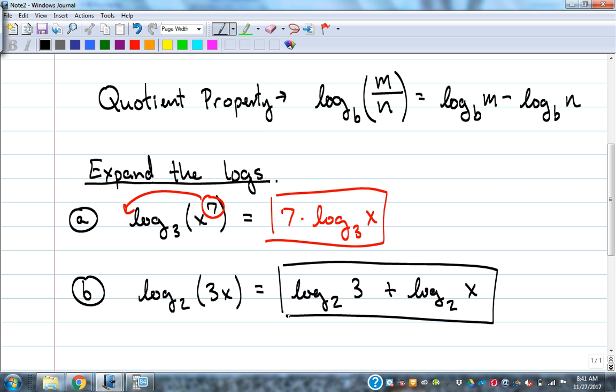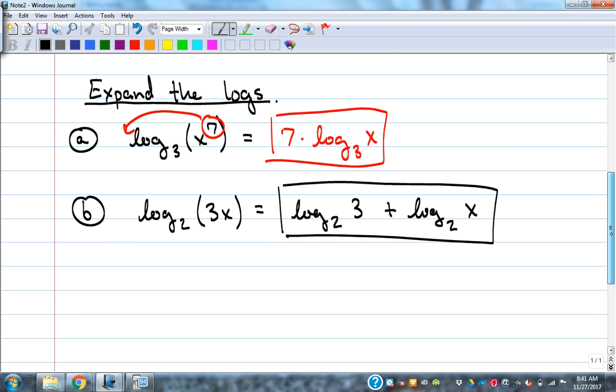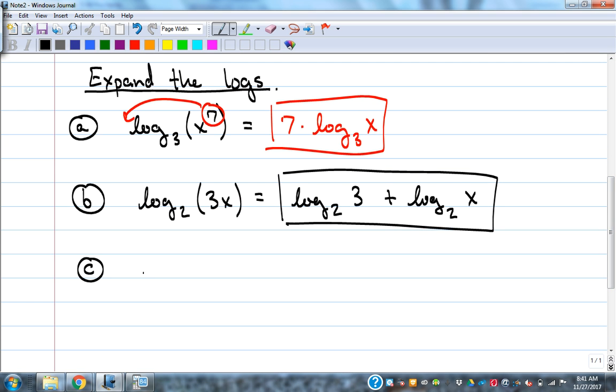And we've expanded that log. Real simple so far. Keep it simple. And then we'll step it up a little bit on the next one.